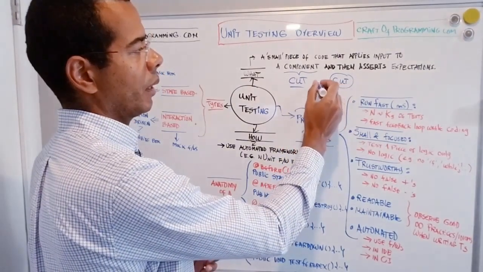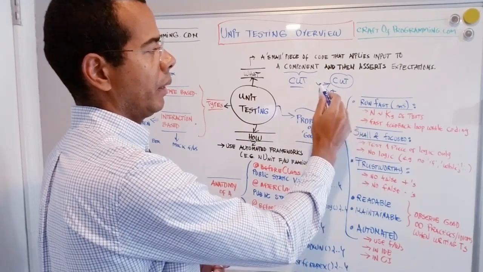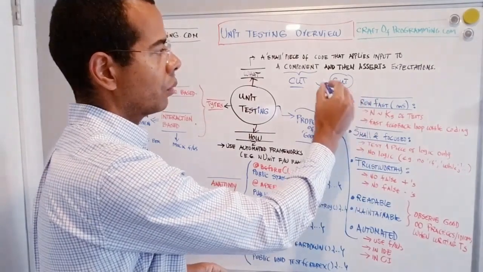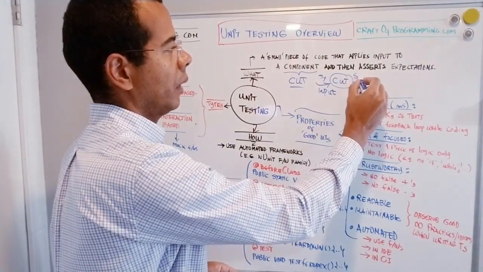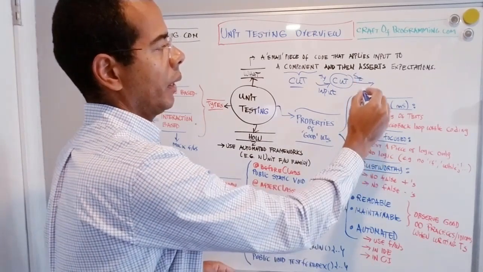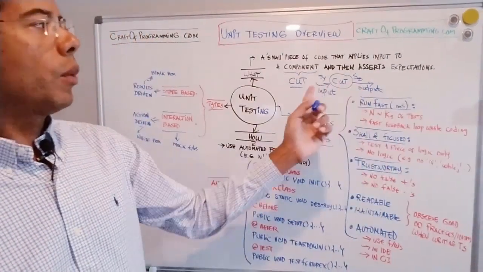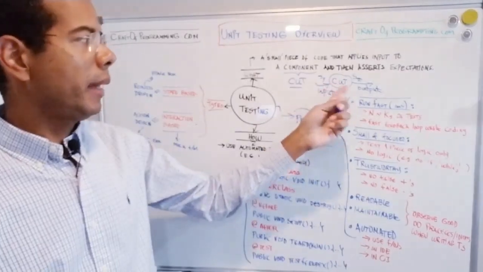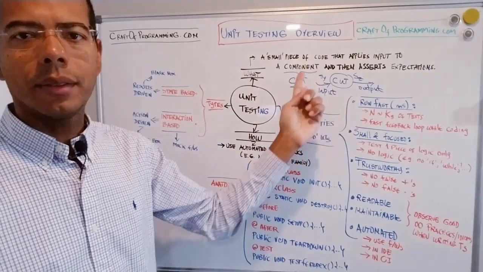You apply an input, and this input moves this class from state Y to state Z, and it produces an output. And essentially what you do with a unit test is you assert that this system is in state Z. So that's essentially what you do.